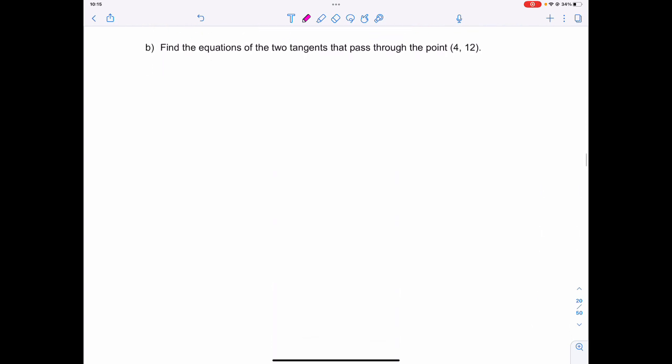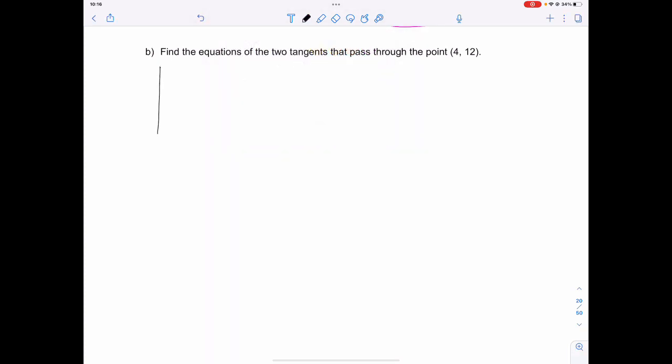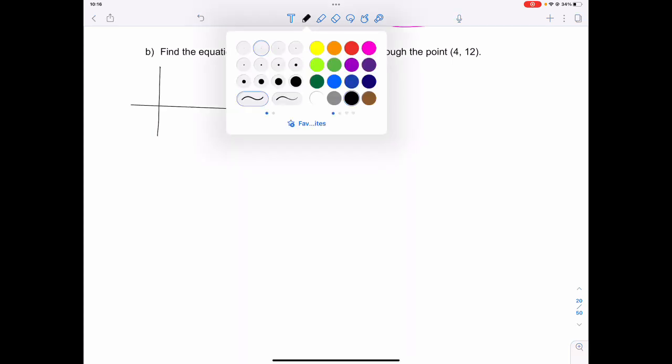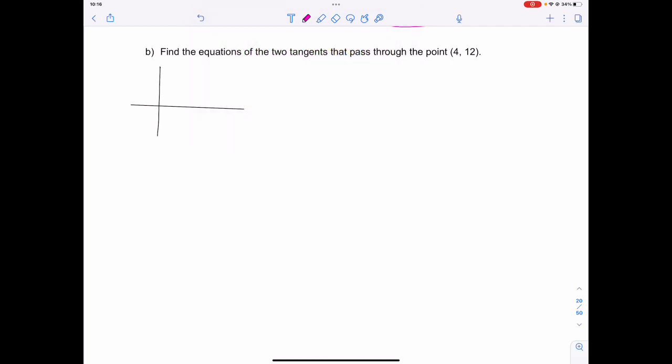When it says, find the equations of the two tangents that pass through the point of 4 and 12, then if I was to graph this out, and I have my function y is equal to 10x minus x squared minus 16.